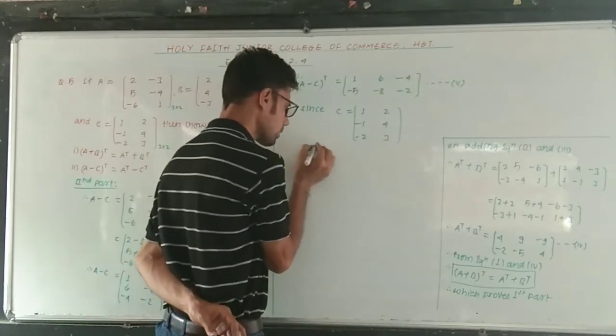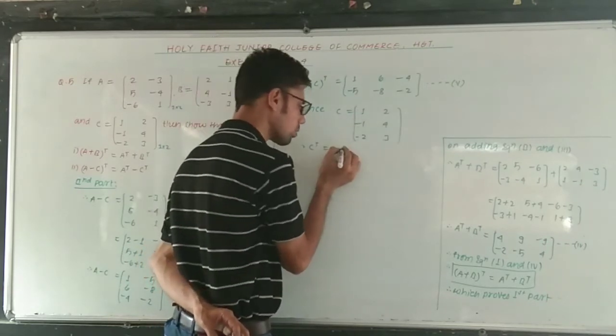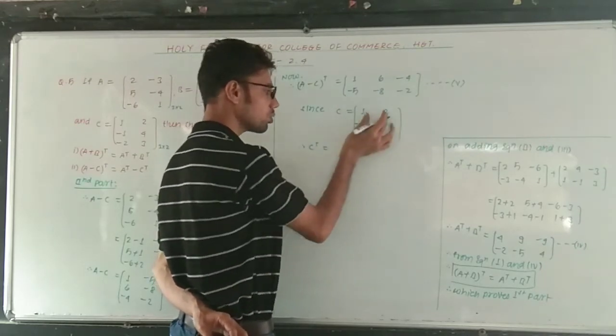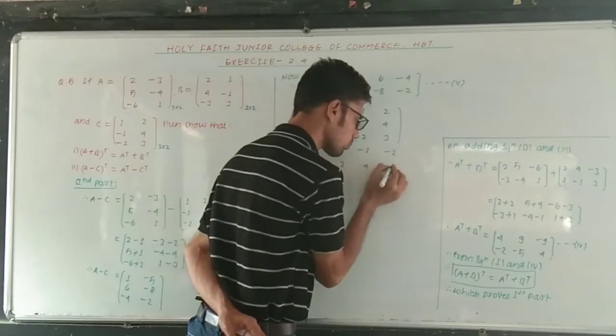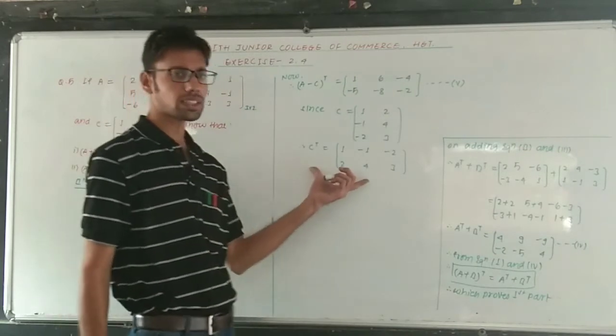Therefore, C transpose is equal to, we convert row by column: 1, 2 we write down in the first column, minus 1, 4 in the second column, and minus 2, 3 in the third column. This is the value of C transpose.